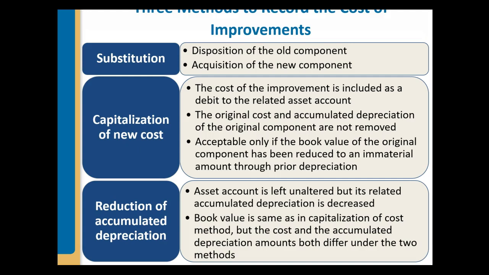The argument for this method is that many improvements extend the useful life of an asset and are equivalent to a partial recovery of previously recorded depreciation. This approach produces the same book value as the capitalization of cost to the asset account, but the cost and accumulated depreciation amounts will differ under the two methods.